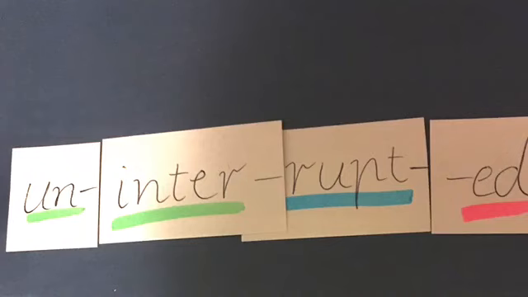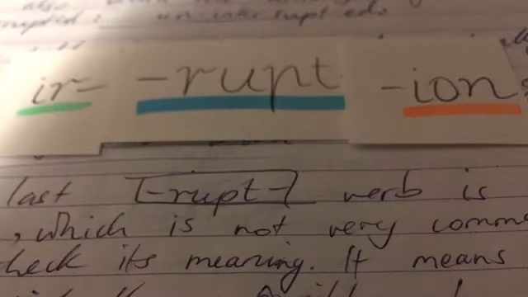Our last rupt verb is irrupt, with an IR at the beginning, irrupt, which is not a very common word. I actually had to look it up to check its meaning. It means to enter suddenly, violently, or forcibly. And it also has a special meaning in ecology, a sudden sharp increase in the relative numbers of a natural population, usually associated with favourable alterations of the environment.